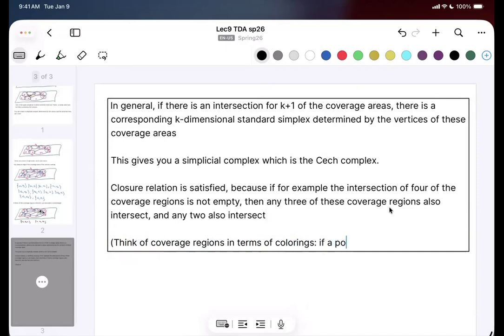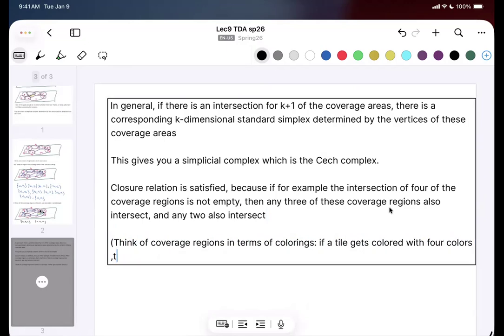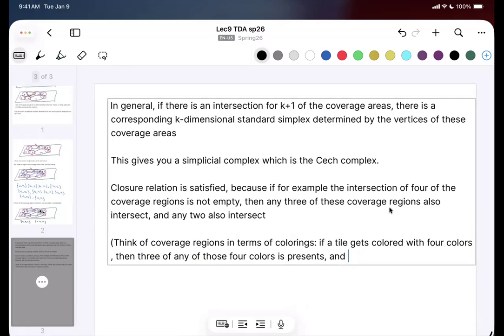If a tile gets colored with four colors, then three of any of those four colors are present, and any two, and so on.